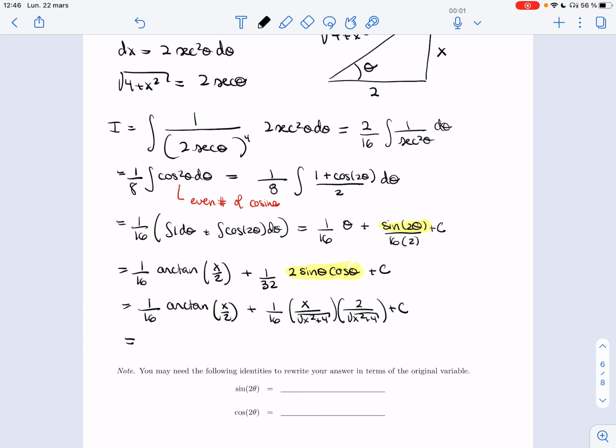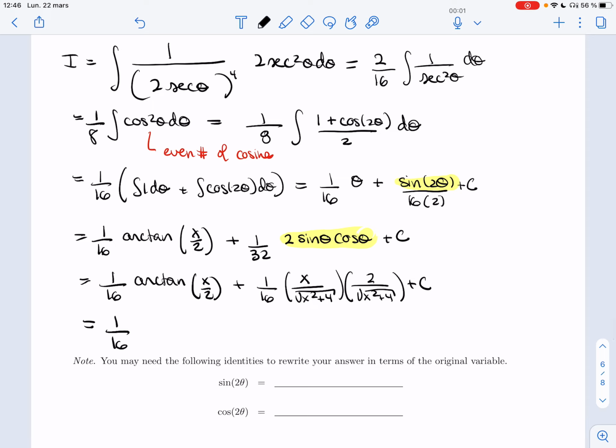Now let me just simplify here. I mean, that answer is correct, but if we ever ask you to give a simplified answer, what would be nice here is the 2 cancels with the 16, so I get x. And then the 2 square roots come together and the square root disappears. And so this is what I get.